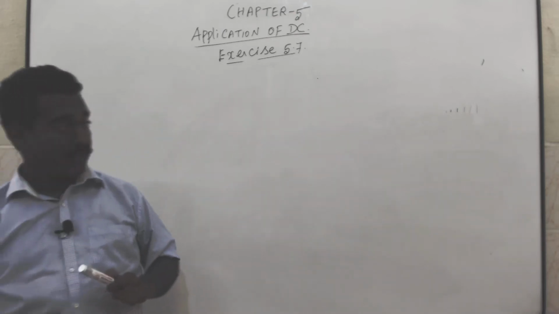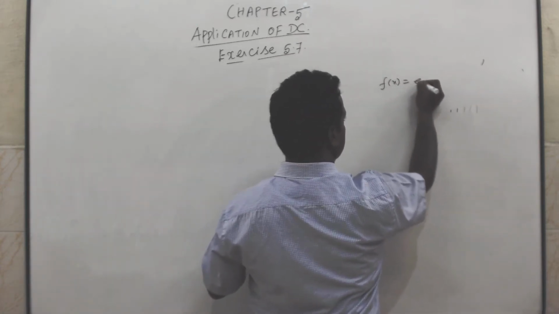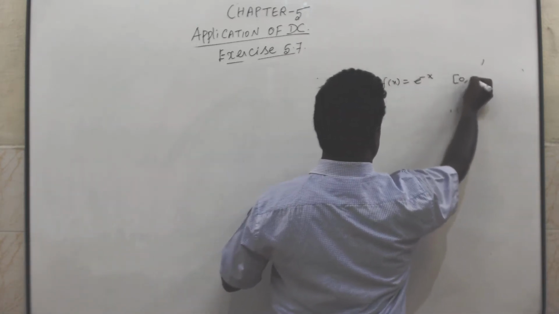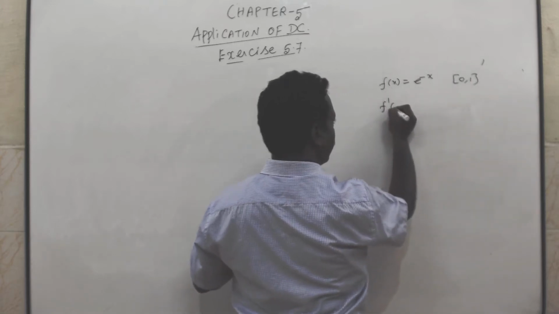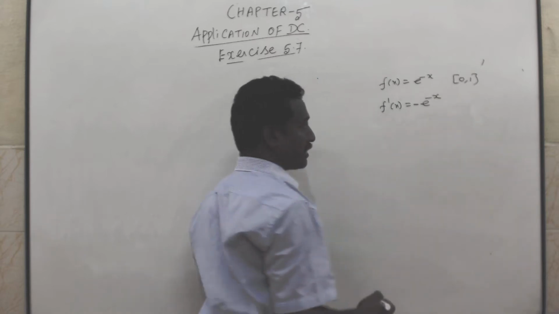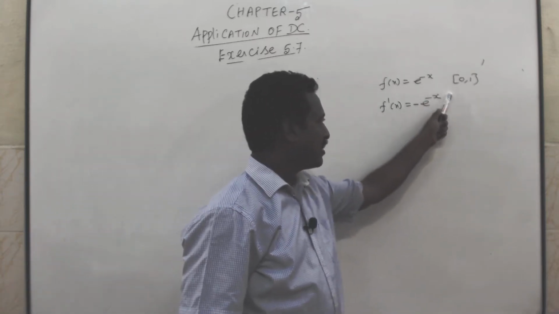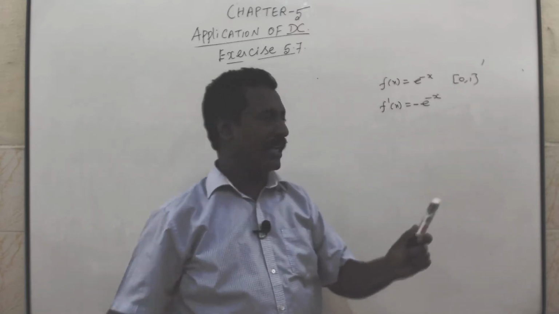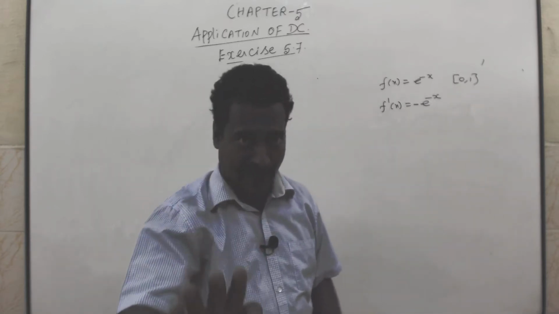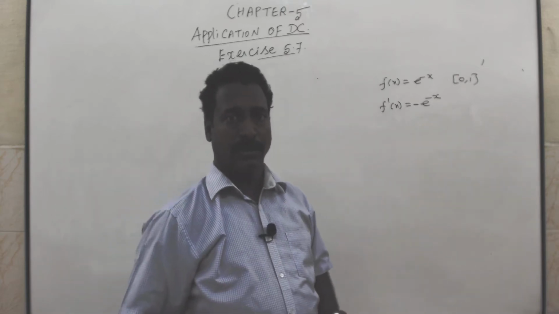The third problem: f of x equal to e power minus x in the interval [0, 1]. f dash of x, the derivative of e power minus x, is minus e power minus x. For the whole interval, for any value given, e power minus x is positive. Positive into negative is negative.